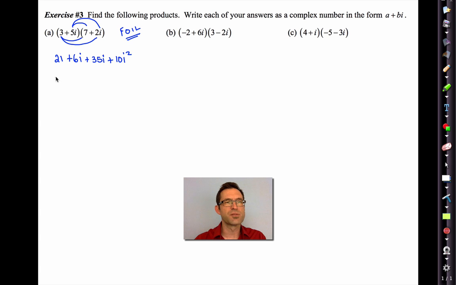Now, some of this is pretty easy. The 21 is what it is. 6i and 35i is 41i.